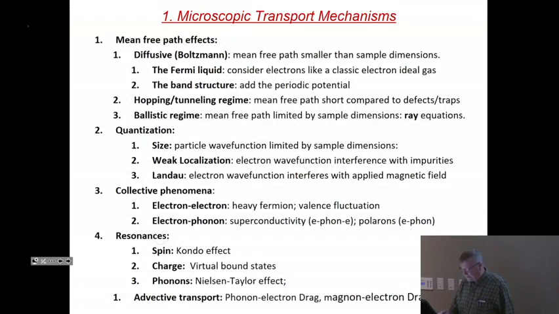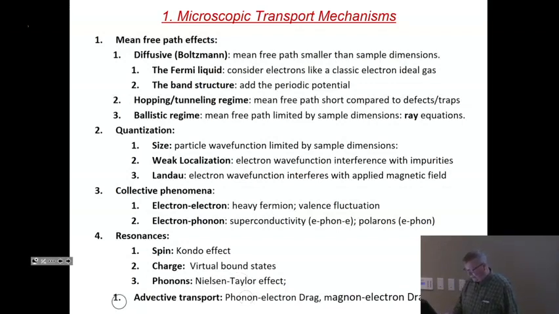They can have resonances with charged impurities. This is typically the virtual bound state or the resonant levels in semiconductors. There can be resonances with phonons, resonant electron-phonon interactions. For example, the Nielsen-Taylor effect, which looks very much like a virtual bound state for charge. But in fact, the effect of the Nielsen-Taylor effect looks much more like those of phonon drag.